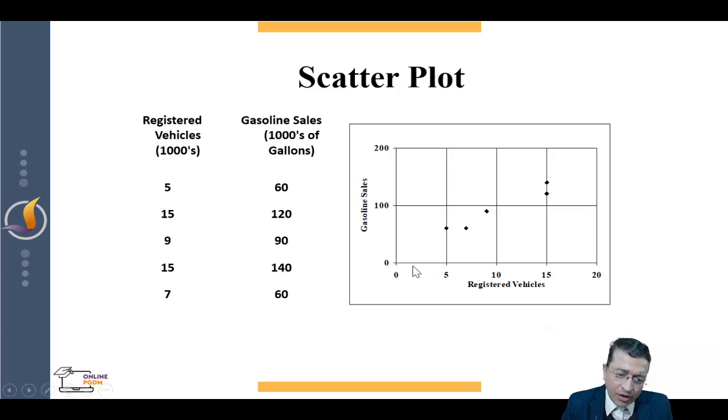When one variable is increasing, for example, with the increase in the number of registered vehicles we can see an increase in gasoline sales, that means the movement of both variables is in one direction.